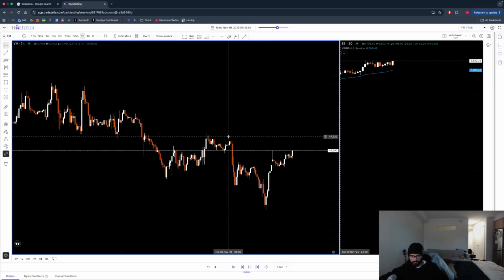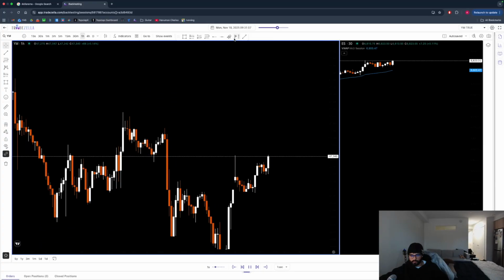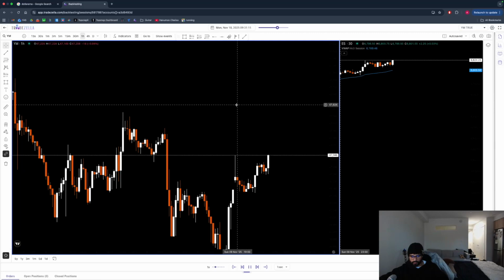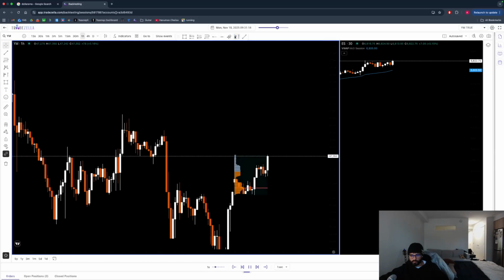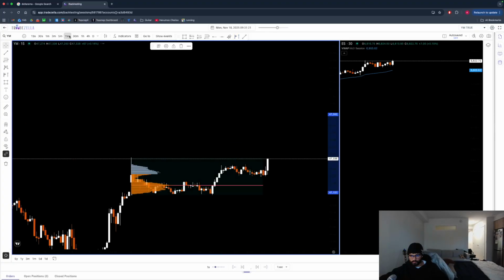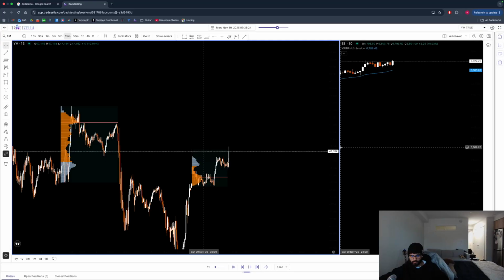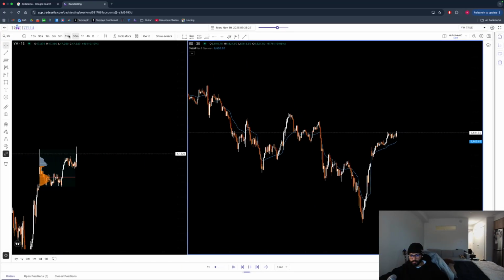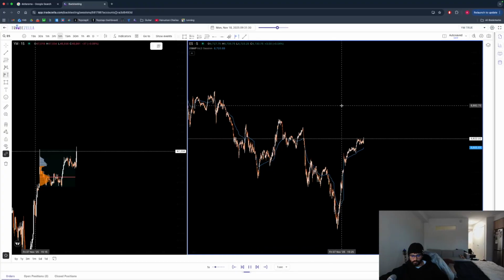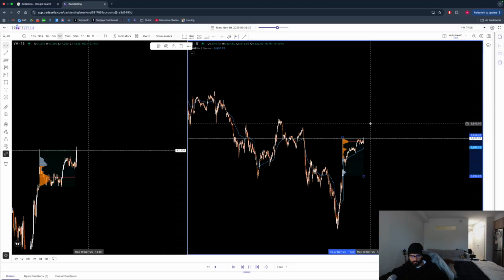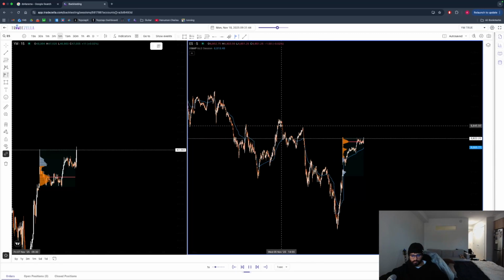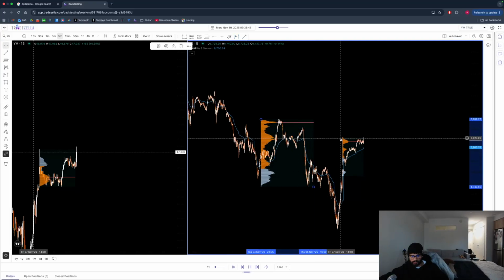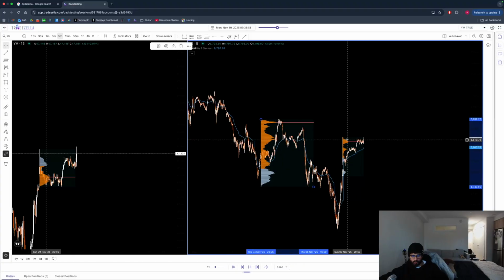So at this point, of course, we have these higher targets. Yeah, so we're kind of rotating around this high volume zone here, which is also point of control here.